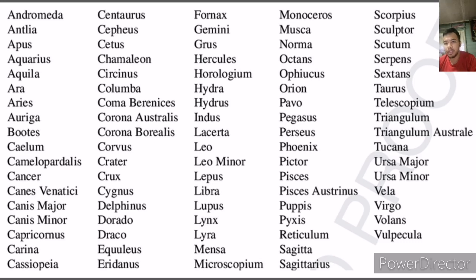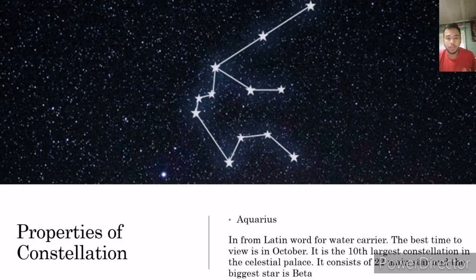And next, we're going to see the properties of constellations. Every constellation has its own properties, but I will not explain all 88 constellations. I will just take 6 constellations and explain their properties.